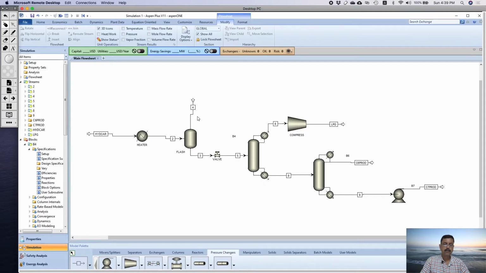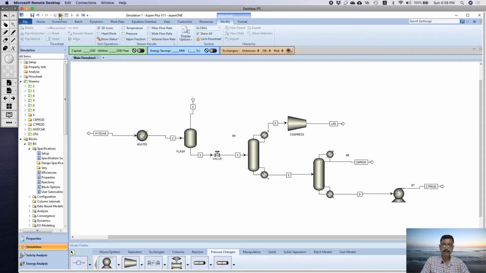Now we can go to next. It will definitely ask for the specifications of this shortcut distillation, and let us rename this column. We haven't done it yet. Neither did we do it for the rigorous one.